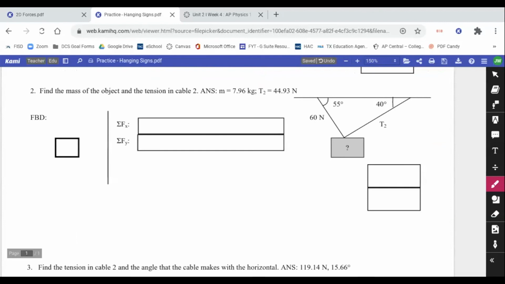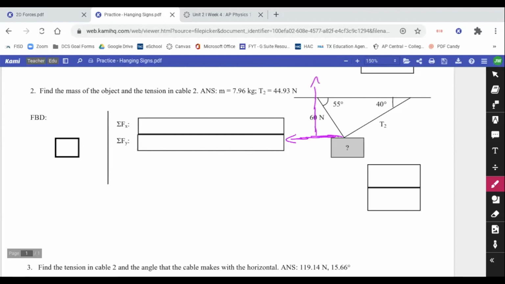For this one, they've given us the value of T1. They told us that it was 60 newtons. That was very kind of them. They want us to find mass, and they want us to find T2. So let's just draw out the things we know. We know 60 newtons has a component going to the left and a component going up.